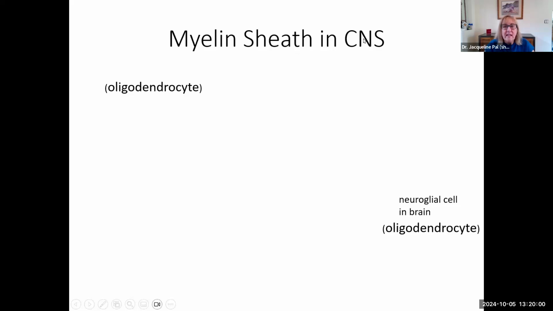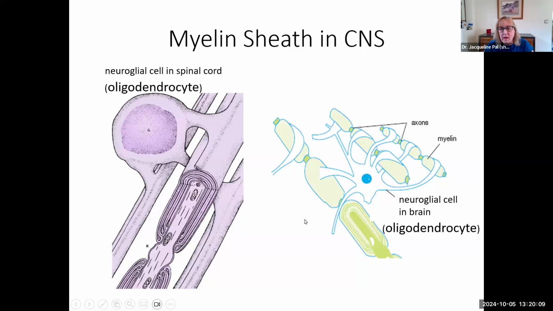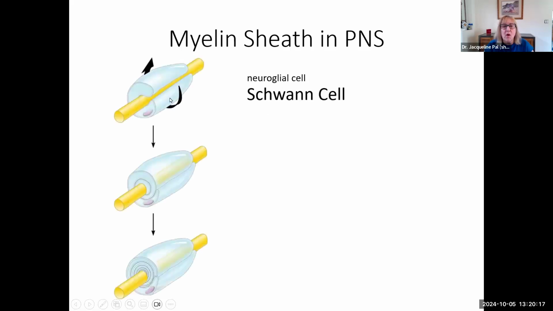Okay, so the myelin sheath in the central nervous system is going to be the oligodendrocyte, whether it's in the spinal cord or whether it is in the brain. And in contrast, in the peripheral nervous system, that neuroglial cell is going to be the Schwann cell.